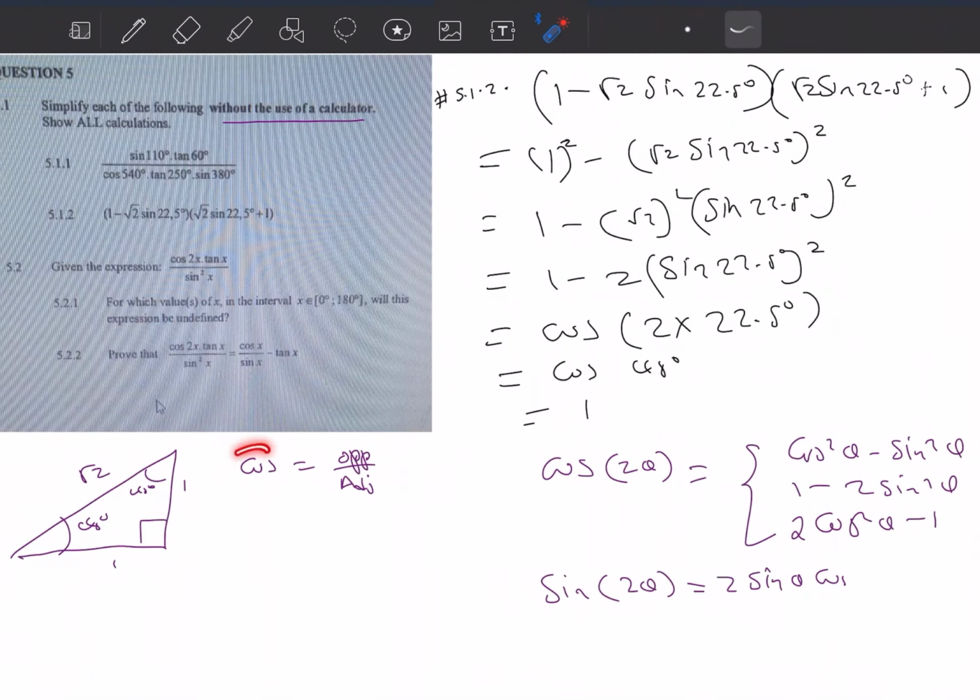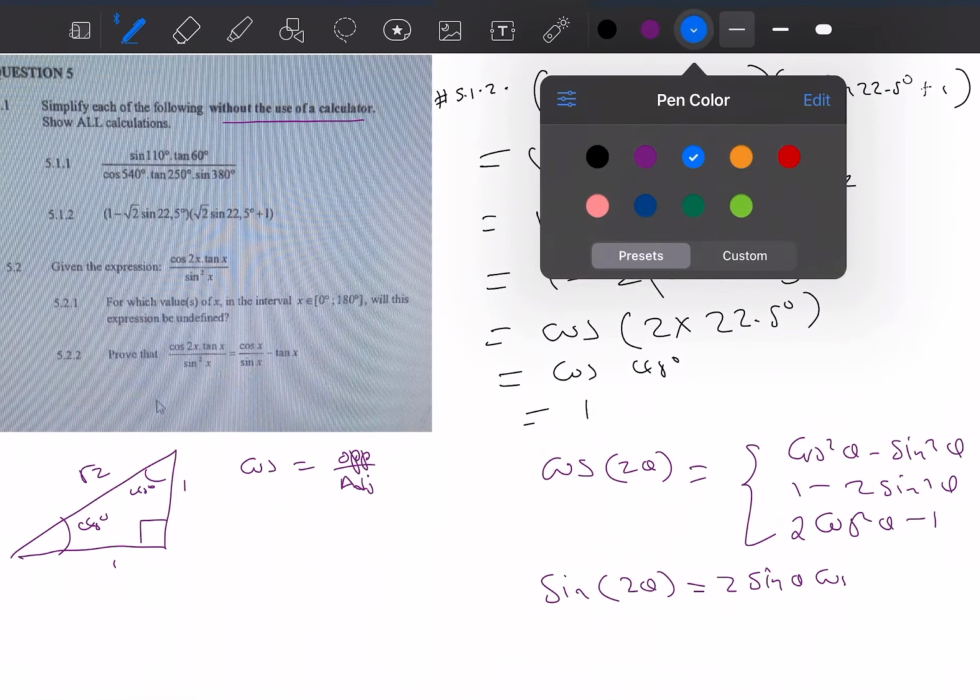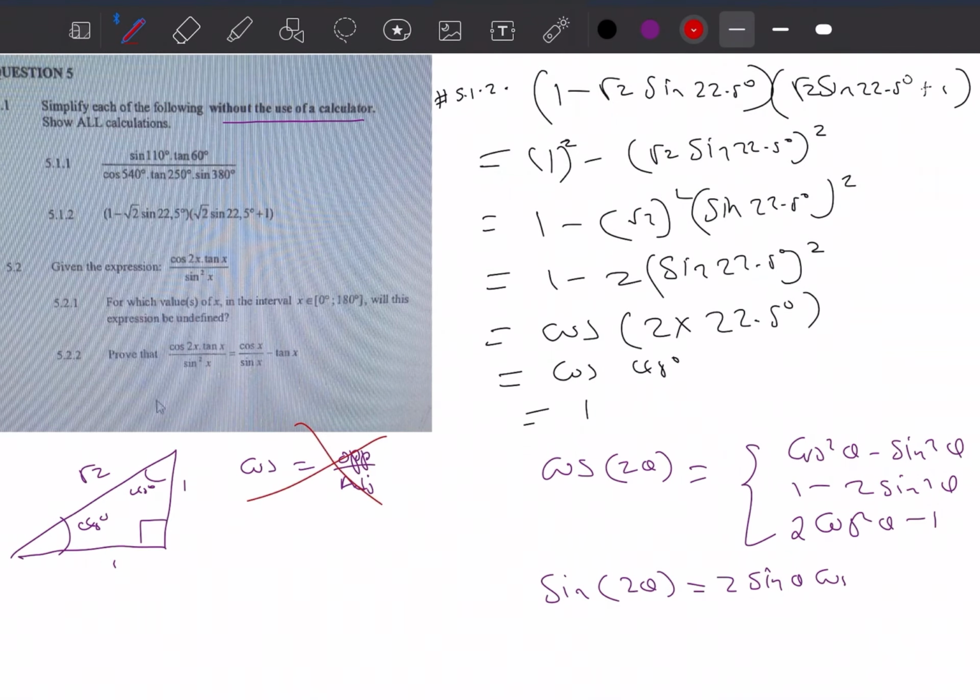The mistake is I said cos is equal to opposite over adjacent. This is not right. My goodness, this is not right. What is right is, cos theta is adjacent over hypotenuse.